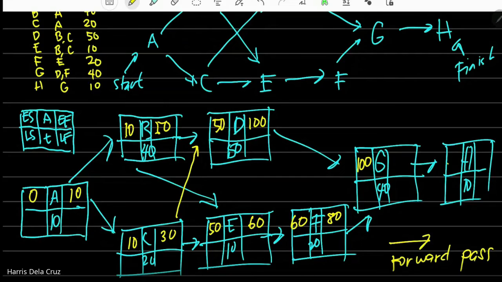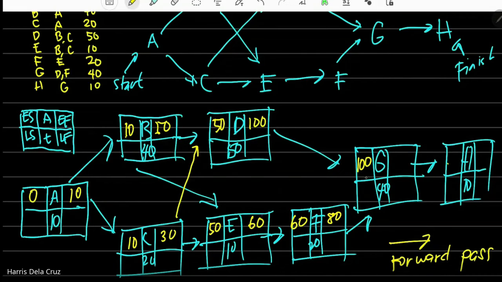Ito, isa lang ang dependent. Kung ano yung value, carry over. Pero pag may maraming multiple coming in, kukunin mo yung greater value. So, greater value ng multiple early finish ng mga dependencies niya. Yan. So, ang early finish dito, 50, 30, mas malaking 50. So, yun yung magiging early start niya.